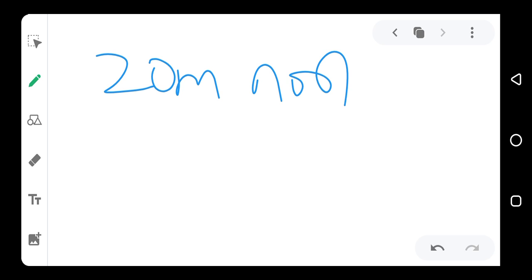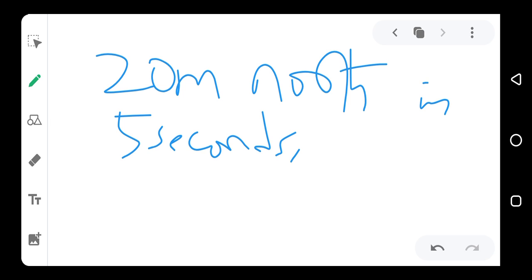The man travels 20 meter north in 5 seconds. Now, what is the velocity?